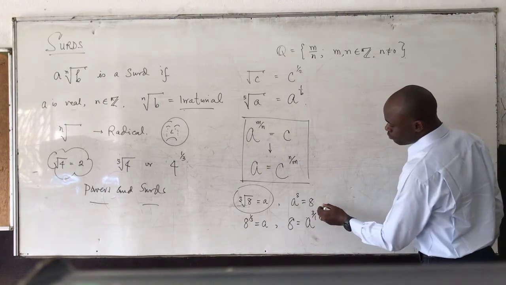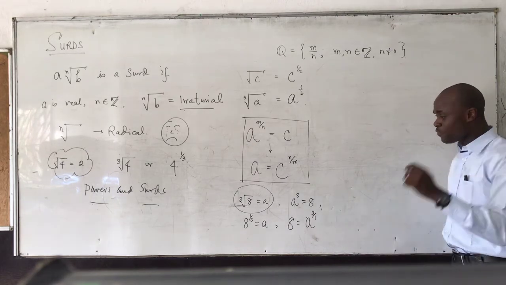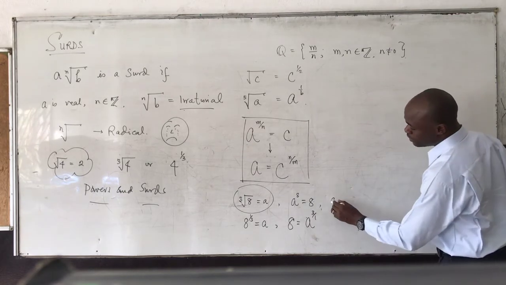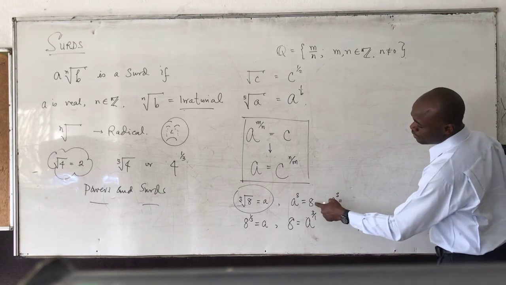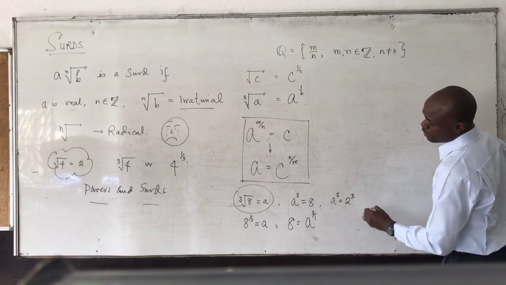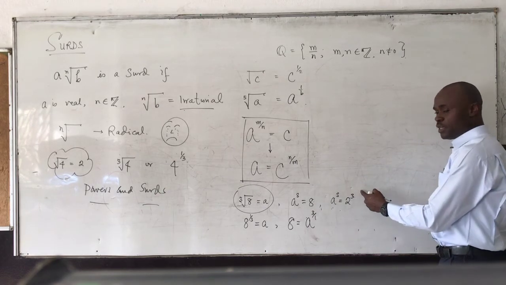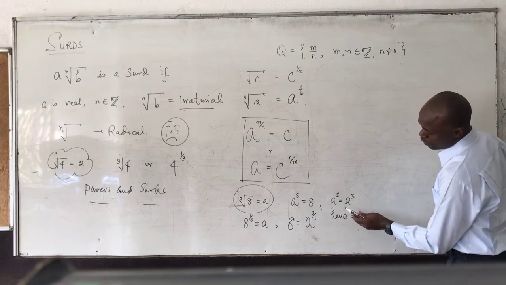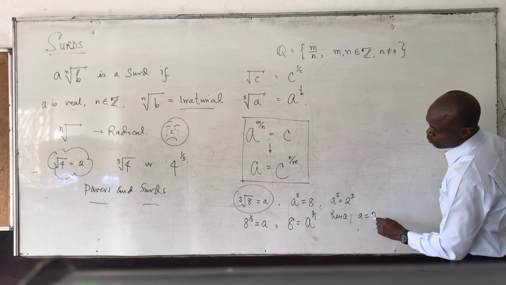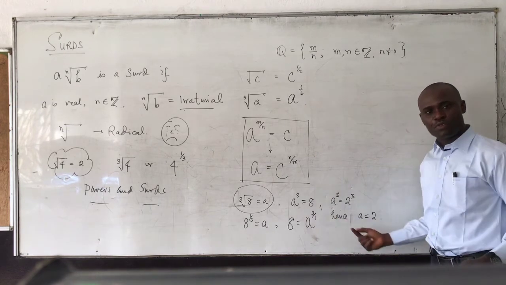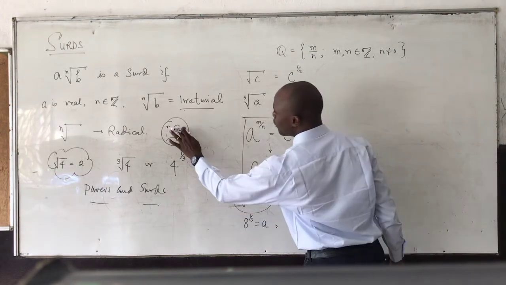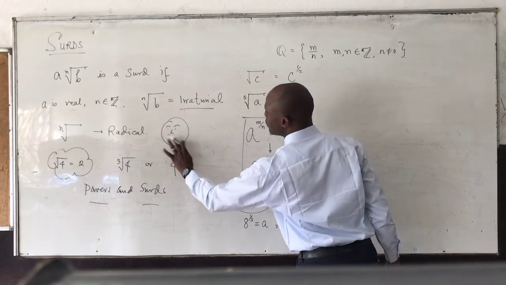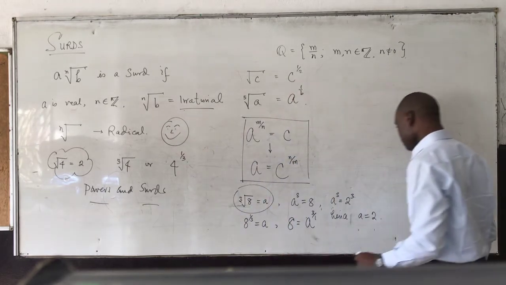And that is obvious from our first or second video. You see that this is a cube and 8 is actually 2 cubed, and having this power equal, hence we have a equals 2. So that is some little mathematics that can actually wipe your tears and put a smile on your face.